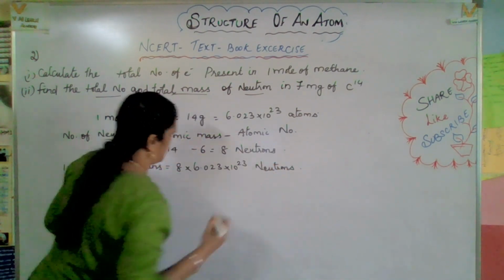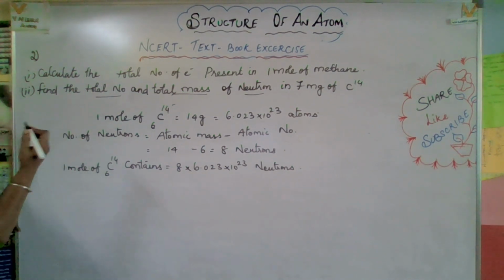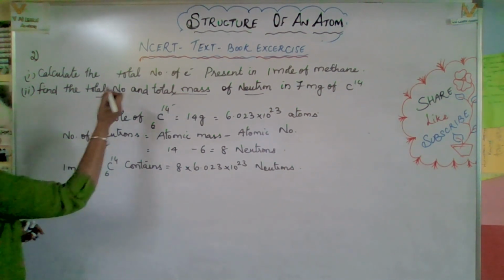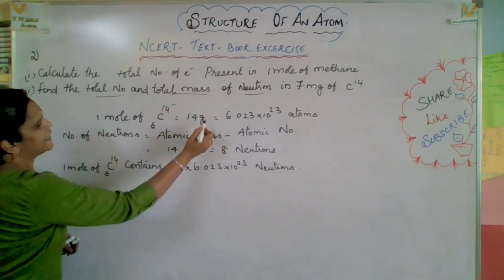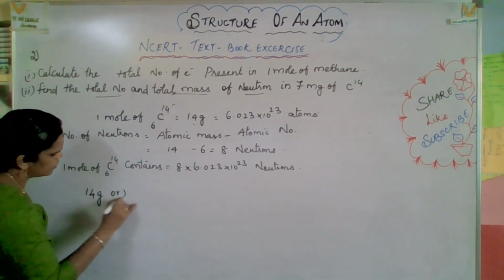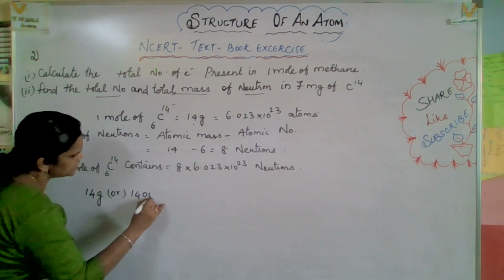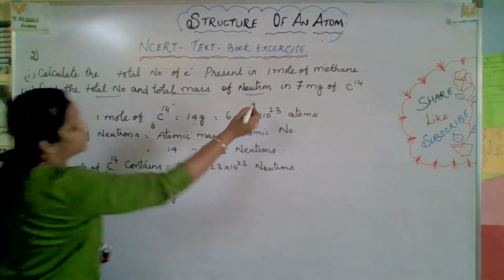Neutrons will be available. Now they are asking for the total number and the total mass of neutrons. Here 14 gram, that is 14 gram or 14,000 milligram. They are mentioning milligram only now.